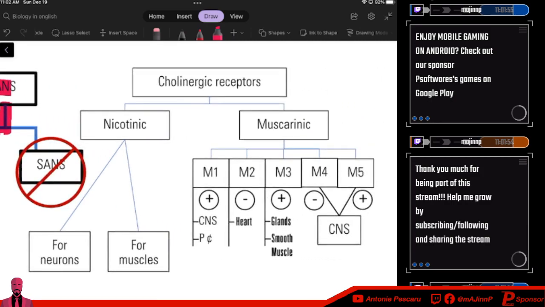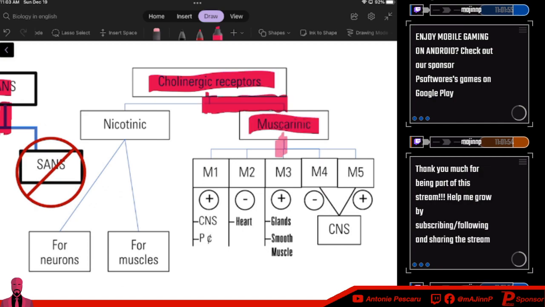And then to our cholinergic receptors. Just a reminder, the pathway that interests us for our anticholinergic medication is that we want to inhibit the stimulation of our M1 and M3 pathways. That's what we want to do.